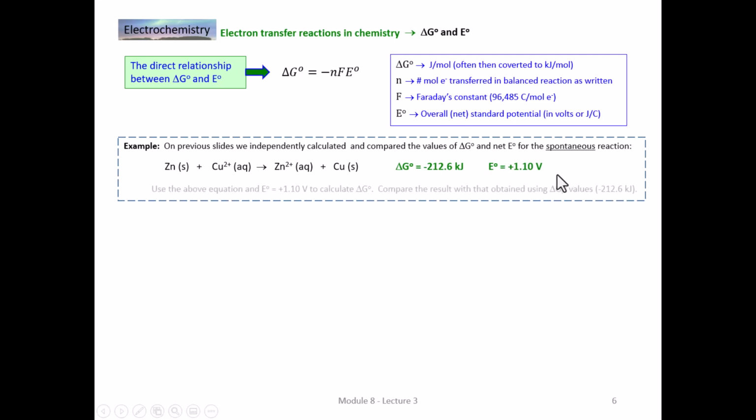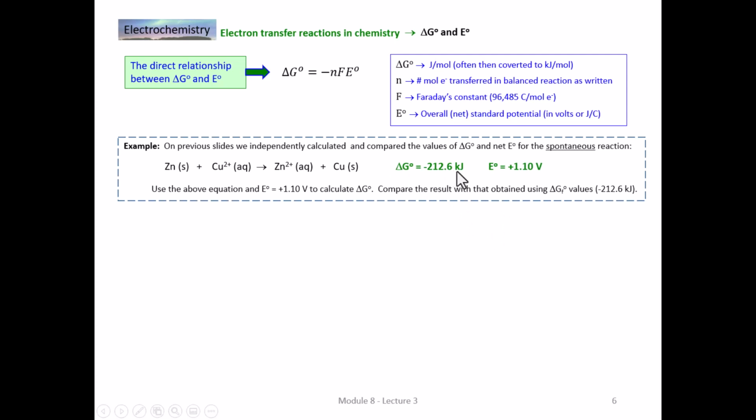Let's use this equation that we claim tells us the direct relationship between delta G and E0 and see what we get for a delta G if we use an E0 of plus 1.1. Now you say, well, of course, we'll come up with minus 212.6 kilojoules.